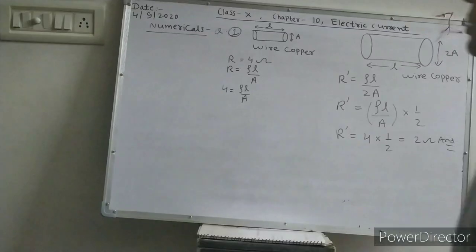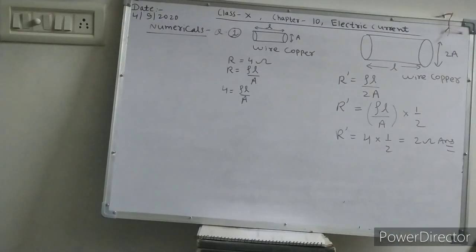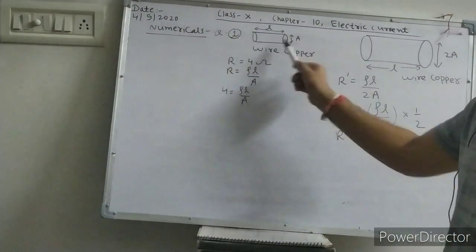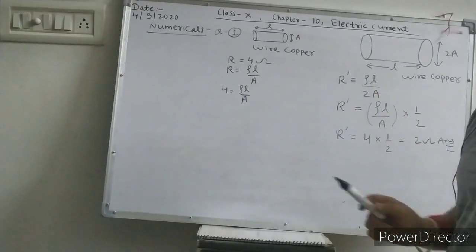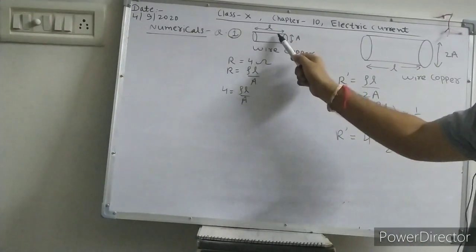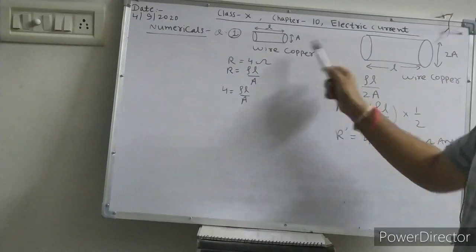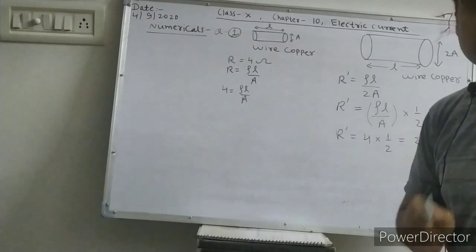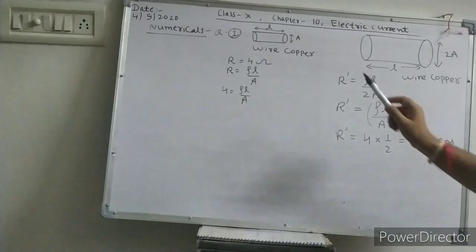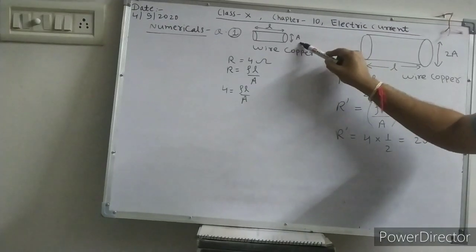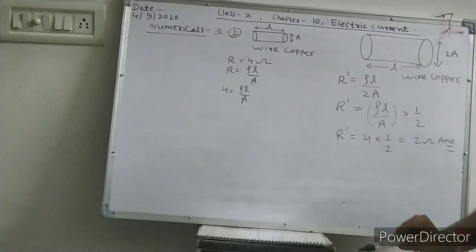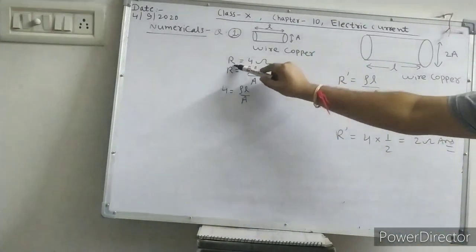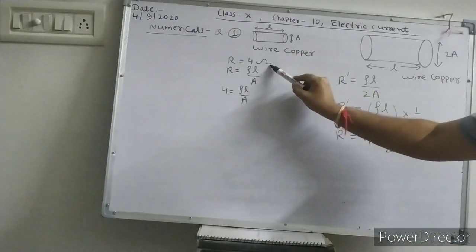Now we will solve some numericals. See, there are two copper wires, both of length L. So both wires have the same length, but the area is different: there is area A and there is area 2A, so the area is double here. The resistance of this wire is 4 ohm.